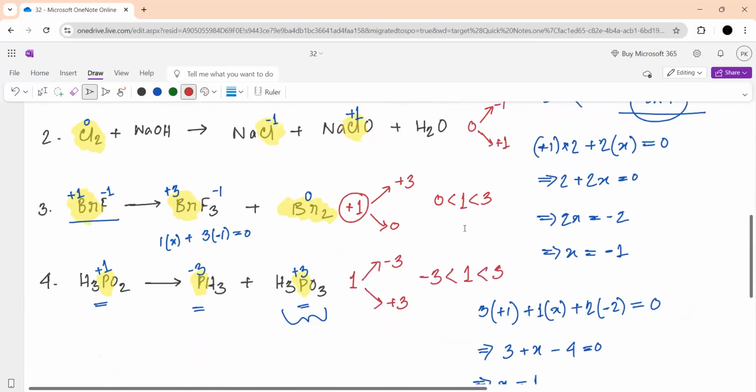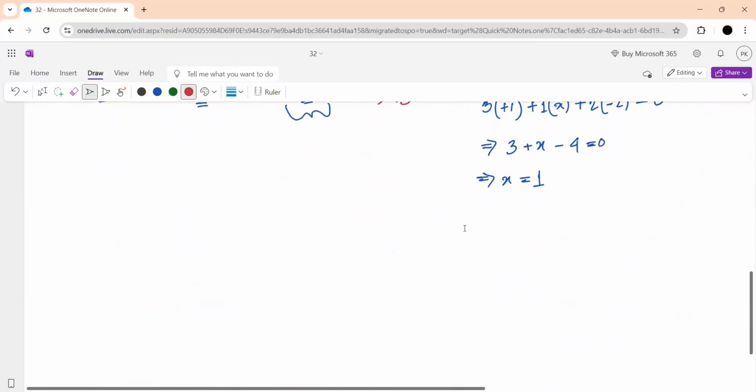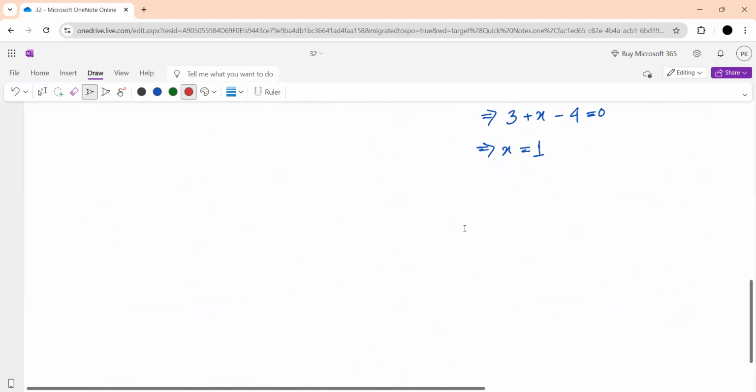So if I ask you what is the difference between comproportionation and disproportionation, what will be the answer? The answer is that in disproportionation we convert the intermediate oxidation state into two molecules, and in comproportionation, the resulting product of the redox reaction is a single product.